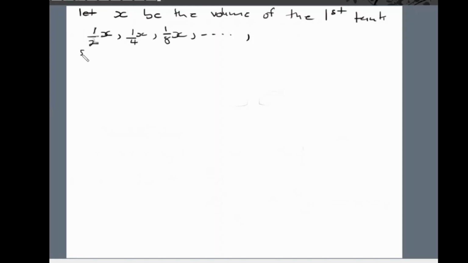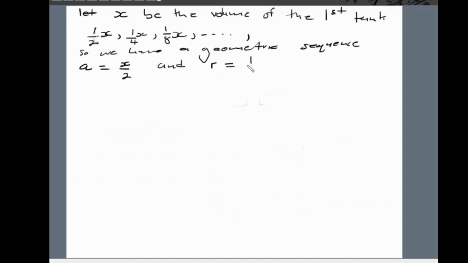So we have a geometric sequence here, yeah? We have a geometric sequence with the first term being x over 2 and the common ratio being 1 over 2, right?